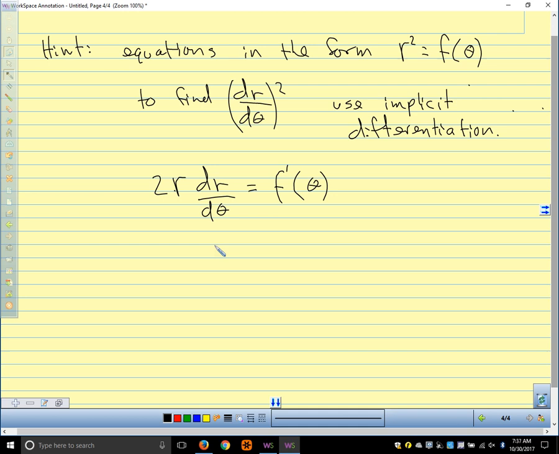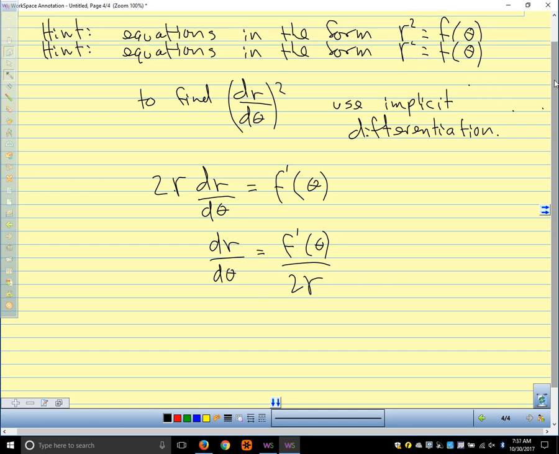Then dr d theta is f prime of theta over 2r, and you can square that. Often it's easier than taking the square root and dealing with the derivative with the square root. How do you deal with the r? You sub in from this.